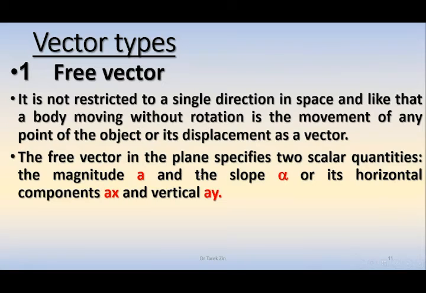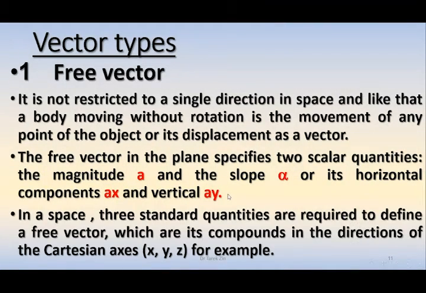It is determined by two values, magnitude and angle. If you want to get its components, you have to analyze it as a vector magnitude in the x direction and y direction.